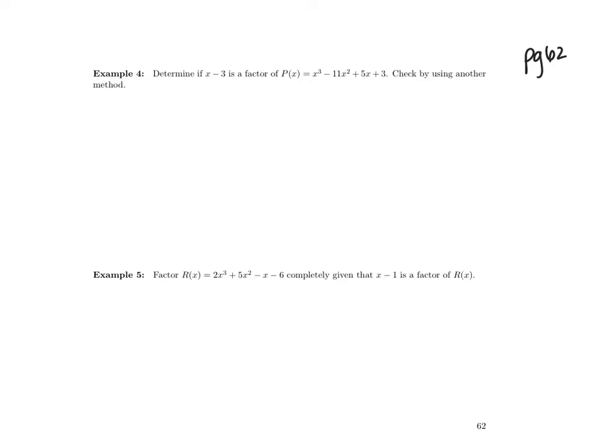So we know that we can set x minus 3 equal to 0, and we can solve. So we get x is positive 3. So we're going to do 1, negative 11, 5, and 3. I put my 3 out front.